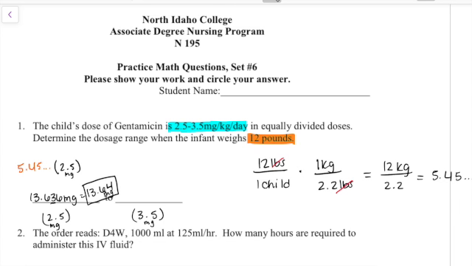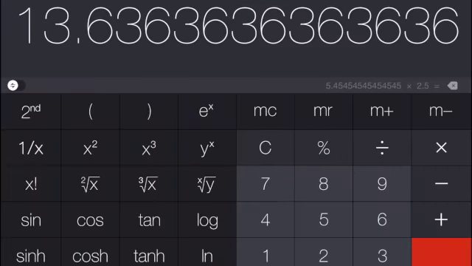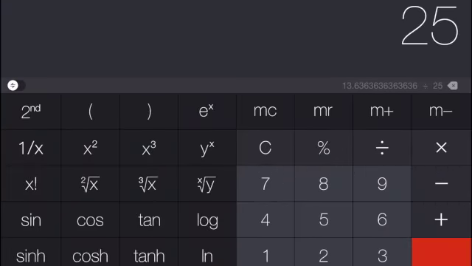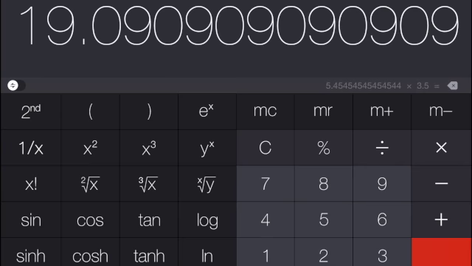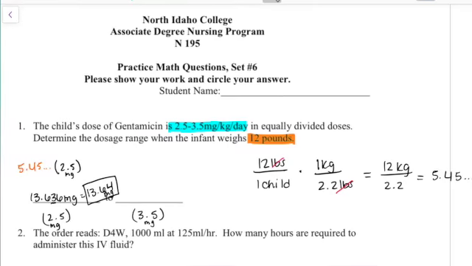For the 3.5, let's go back to the calculator. There's our weight again, so we're going to multiply it by 3.5 milligrams, 19.09 milligrams.